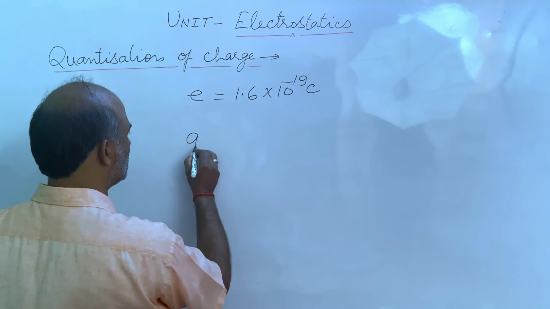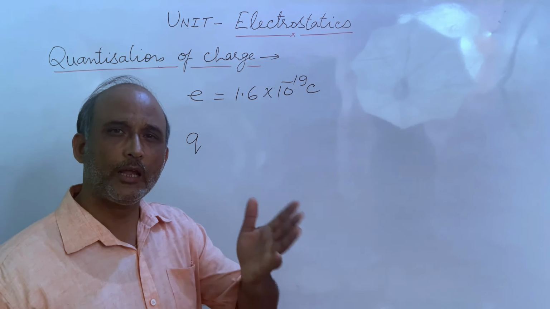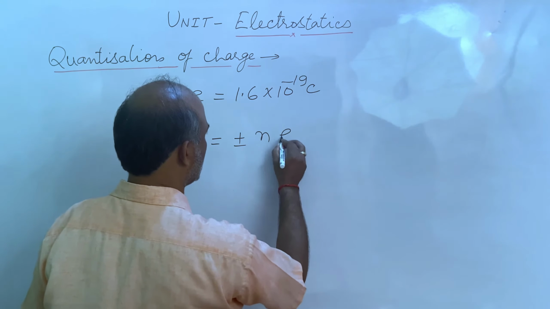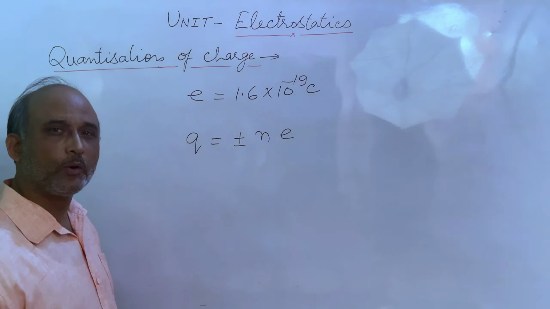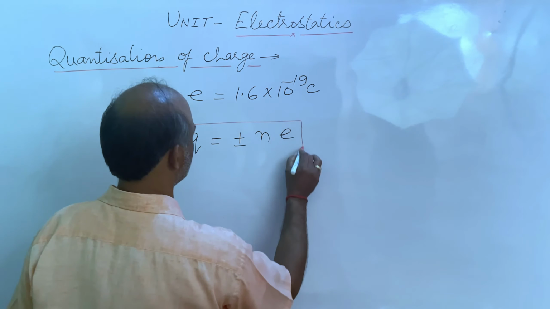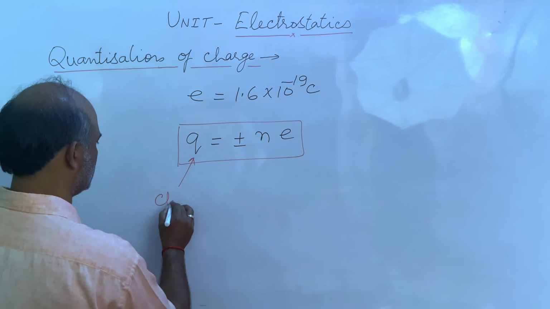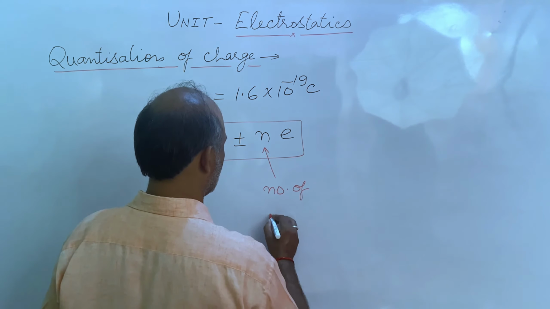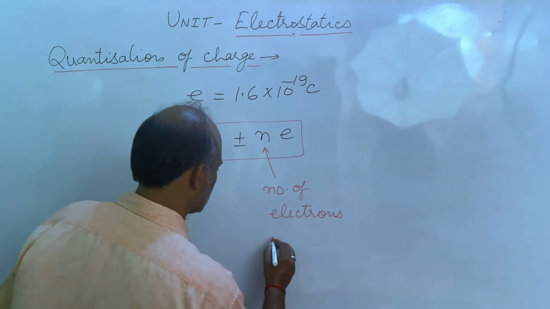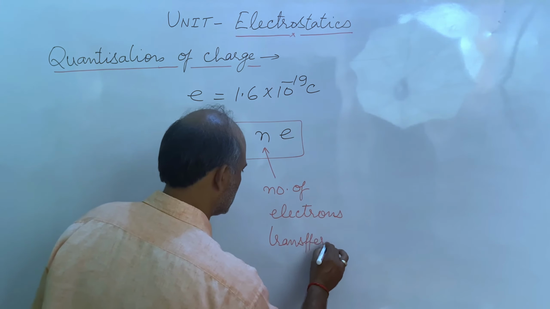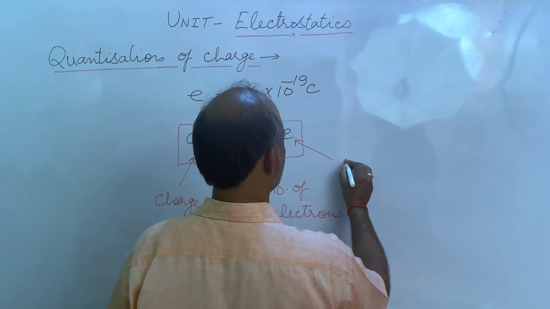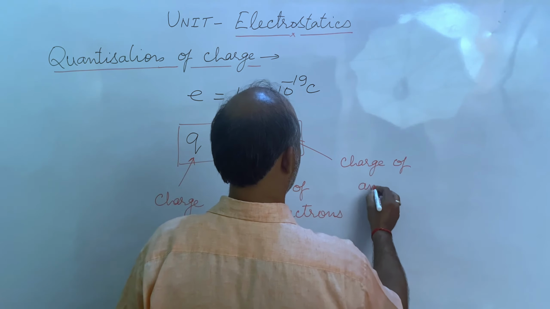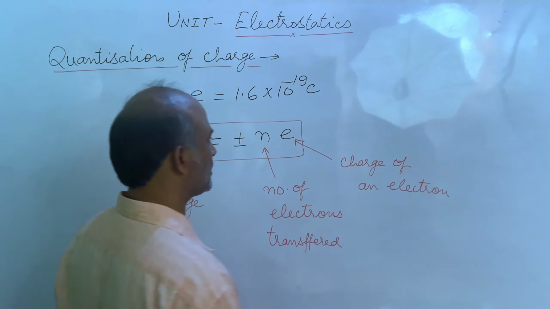Suppose Q is the charge on a body, and if N is the number of electrons transferred from one body to another, then the charge Q will be plus minus N e. This is the formula for the quantization of charge, where Q is charge, N is the number of electrons transferred, and e is the charge of an electron.